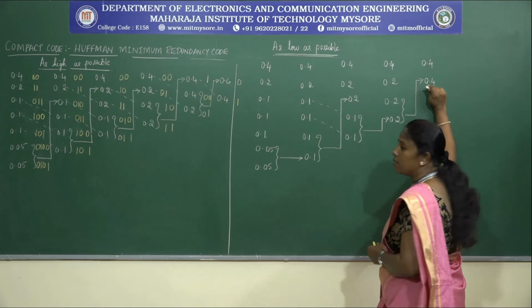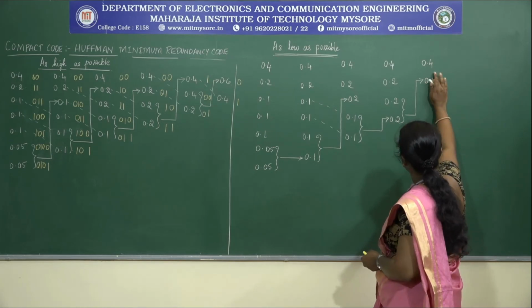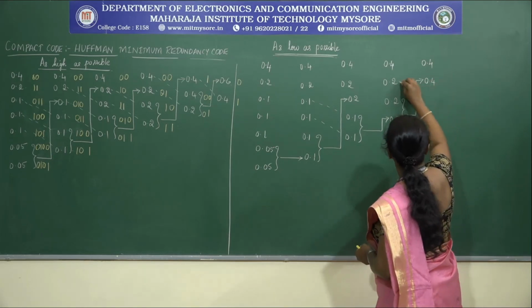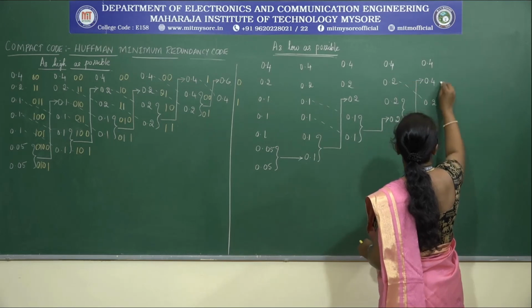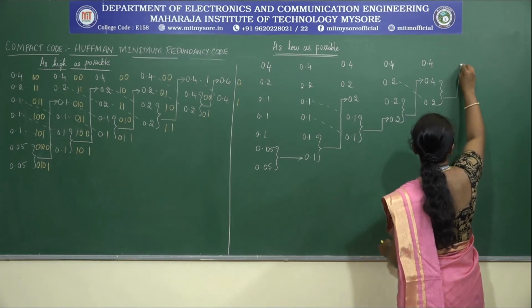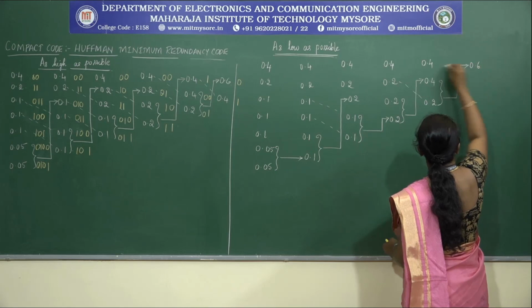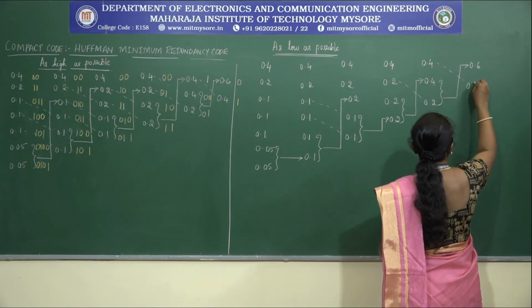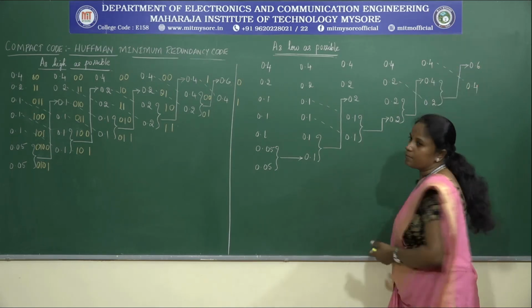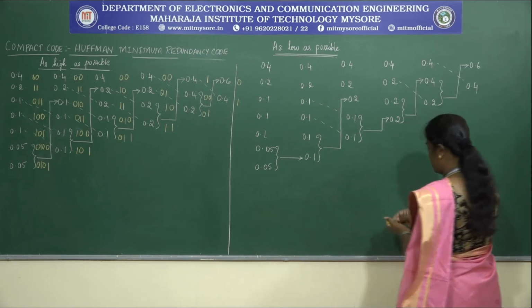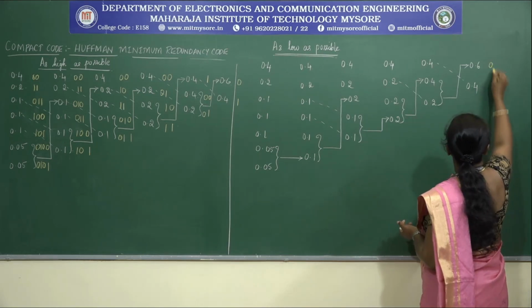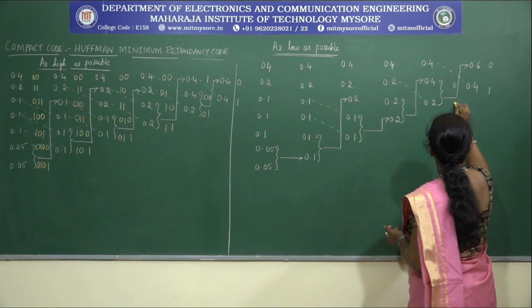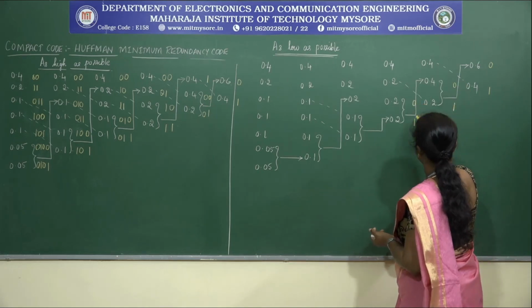Place the 0.4 below the older one. Then combine these two. Since it is 0.6, place it above this since the value is greater than 0.4. Next, assign the code symbols 0, 1, 0, 1, 0, 1.